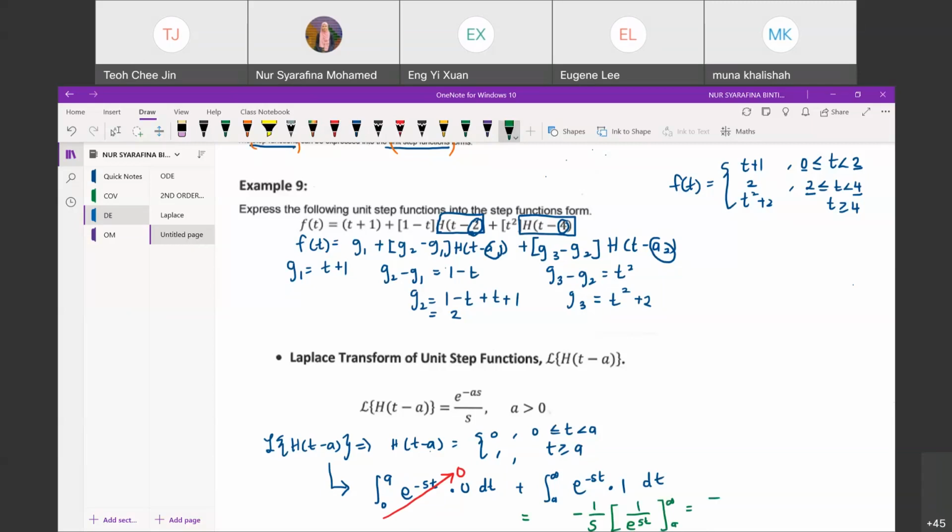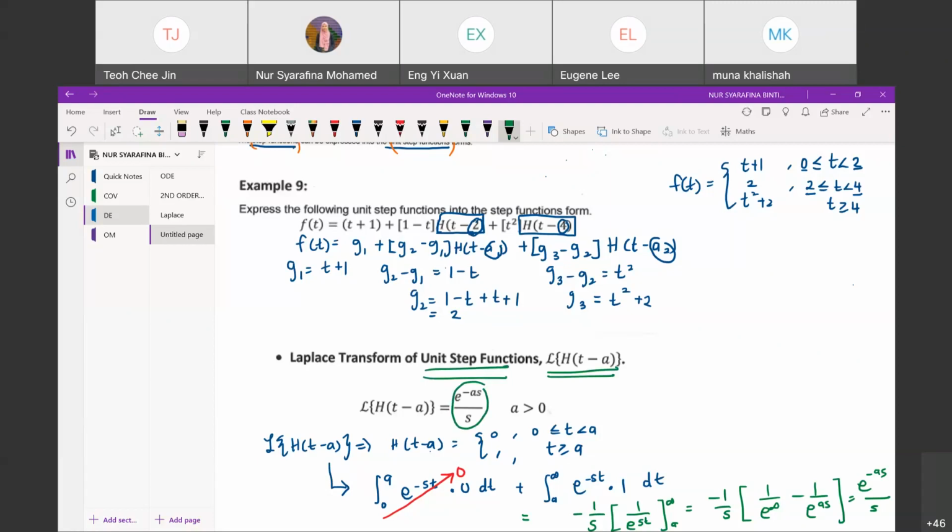So you will have e to the negative as over s. So this is how you transform unit step function. Based on the definition, the result is e to the minus as over s. This is only applicable for unit step function.